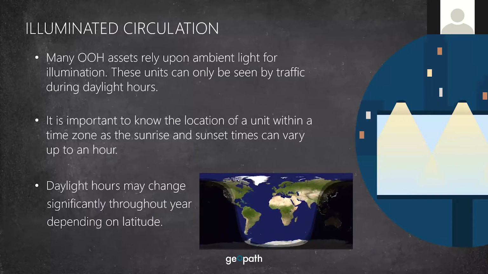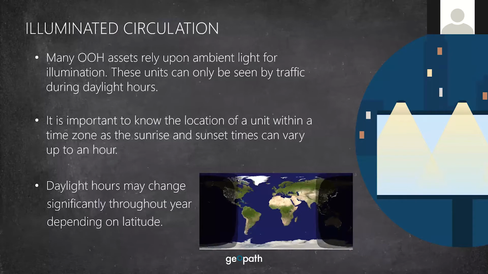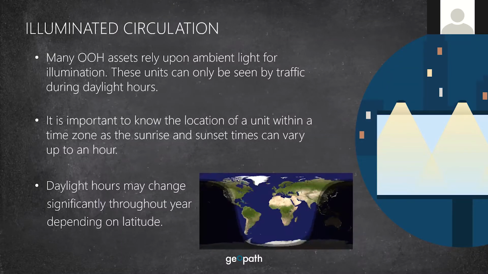And that's going to be unique to that 6 a.m. to 6 p.m. window. One of the other things as we're getting into seasonal audience measurement is understanding how the daylight hours change throughout the year. And this is going to be really fun for areas that maybe see even seasonal travel, like a beach area where you've got an influx of tourists coming in.